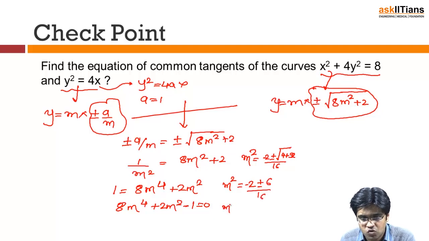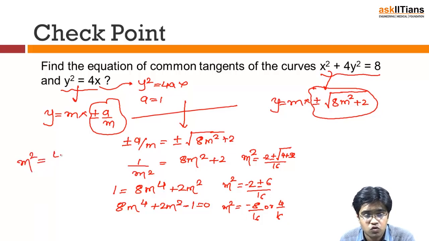So I got m square as minus 8 by 16, or if I add it, then 4 by 16. Obviously m square cannot be negative, so we get m square is equal to 4 by 16 or 1 upon 4. That means m is actually plus minus 1 upon 2.